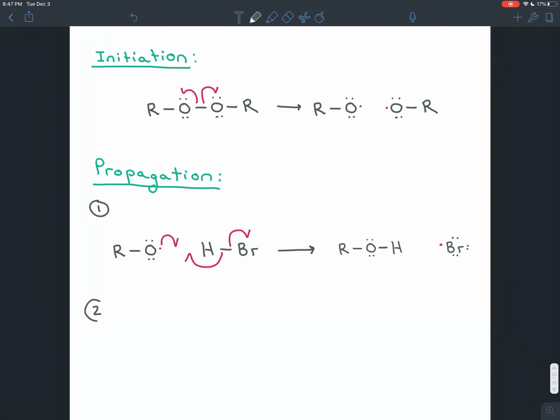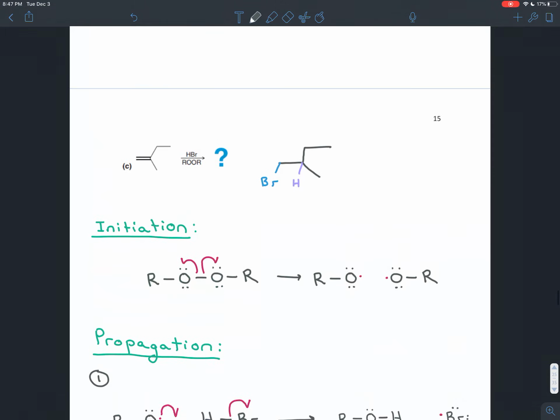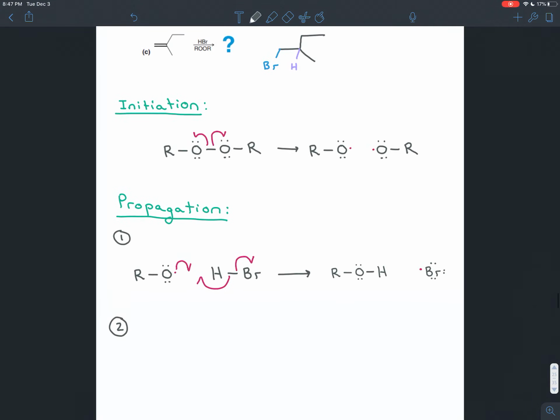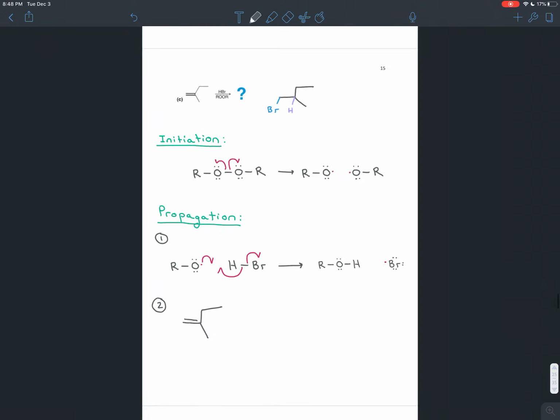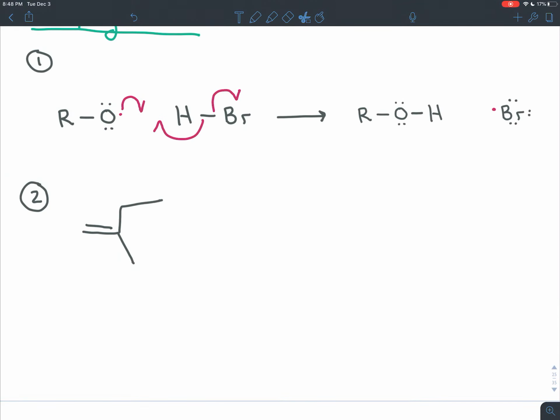Then in the second step, we take our bromine radical and it reacts with the carbon chain. So the carbon chain makes its debut entrance. So I'm going to draw that carbon chain. And it's going to react with our most reactive species, the bromine radical.